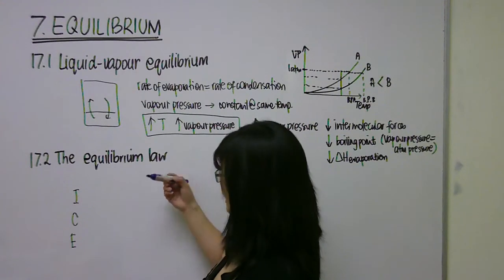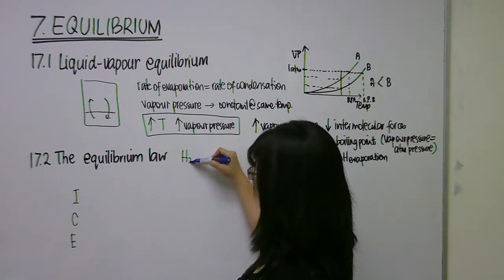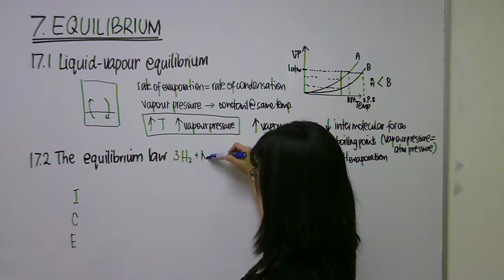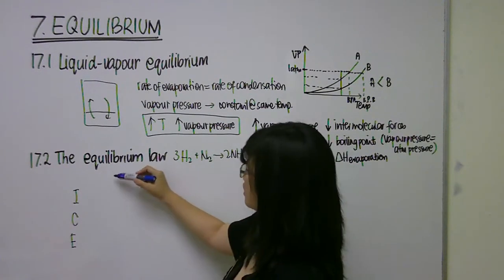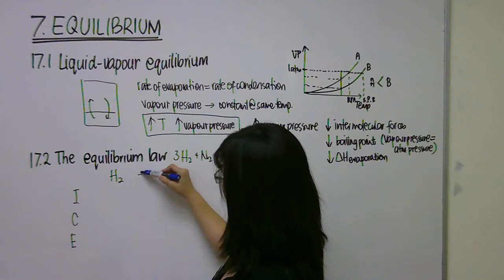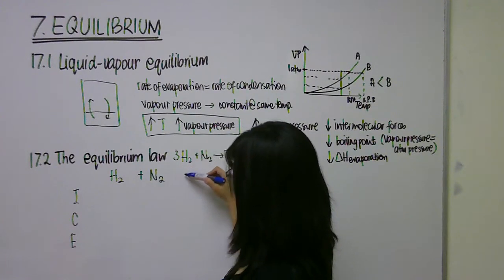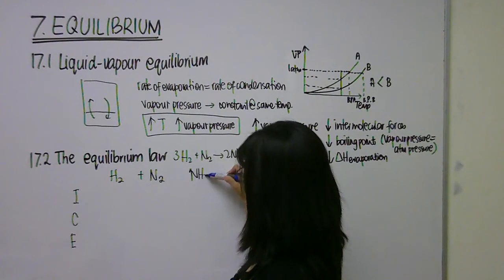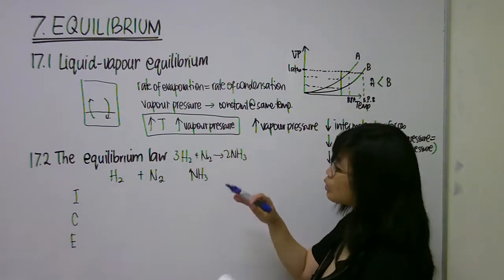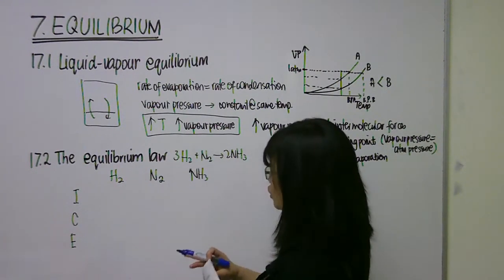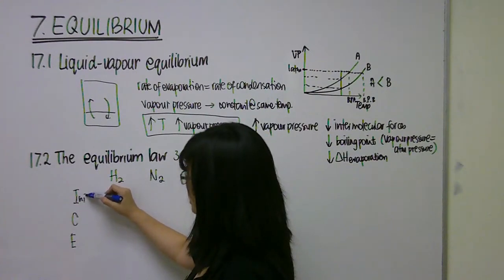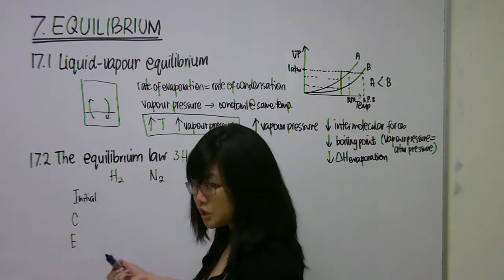For example, if I have an equation, like in this case, the formation of ammonia, I'll list this here, because all these three species will be in the equilibrium mixture. So you need to determine the initial concentration.